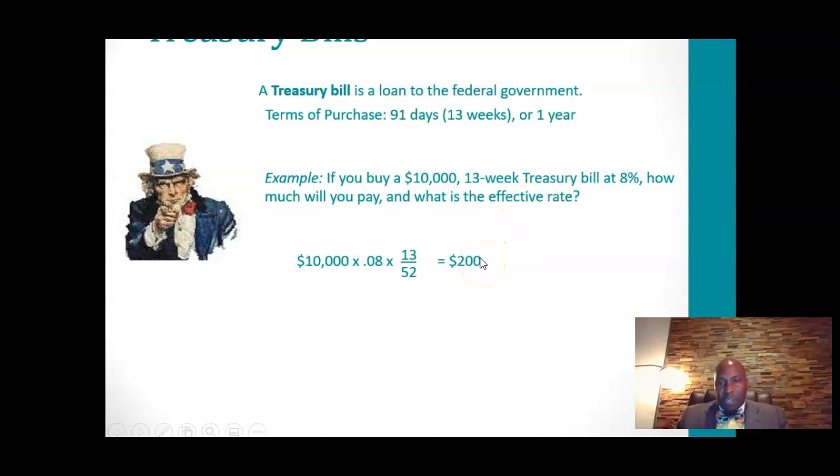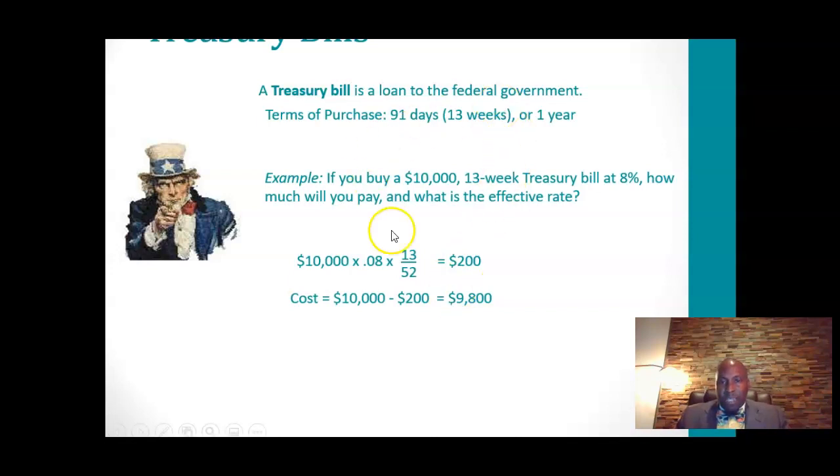That's viewed as being an actual discount. So the amount you're going to pay for this Treasury bill will be $9,800. The amount of the discount is subtracted from its face value to get the cost of the Treasury bill, which would be $9,800.